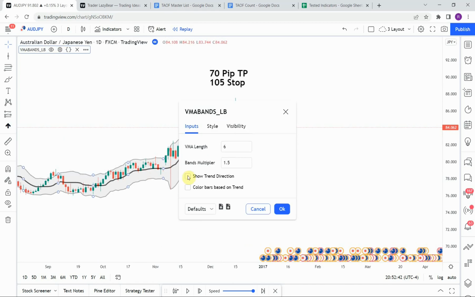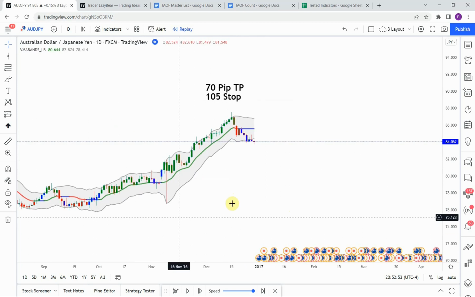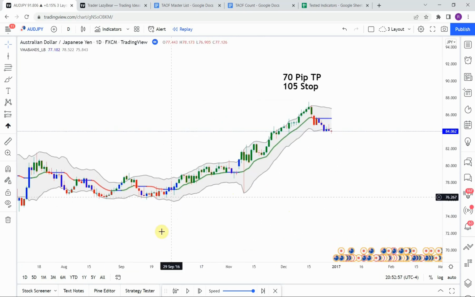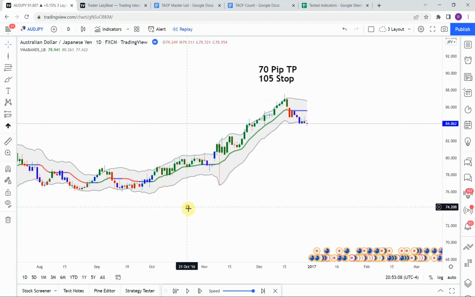And as I said in the last video, I turned on show trend direction and turned on the color bar based on trend, and it looks like this here. And so in yesterday's video, basically what we did was when we got the red trend or red bars, we would go short. When we got the green trend line or green bars, we would then go long.